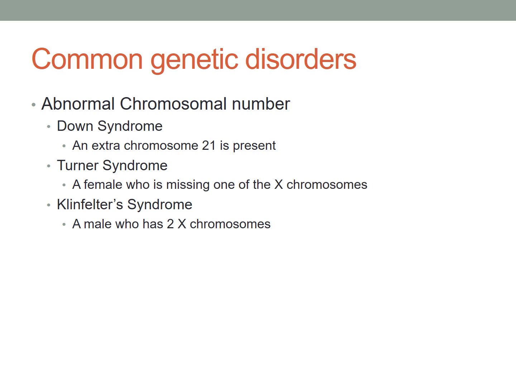Klinefelter syndrome is a syndrome found in males who have 2 X chromosomes. Remember that it's the Y chromosome that determines the sex of the individual. Having one copy of the Y chromosome makes an individual a male, regardless of how many X chromosomes they may have.